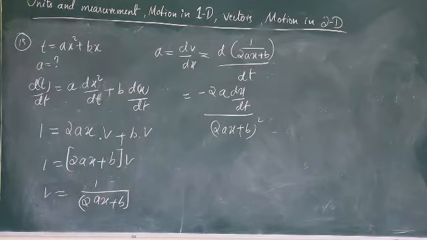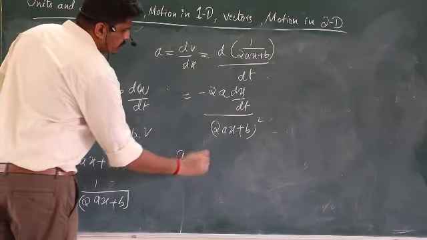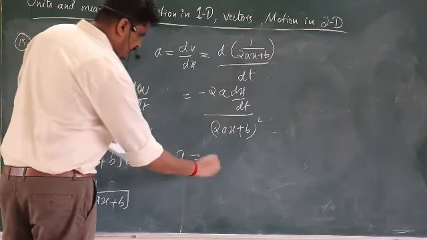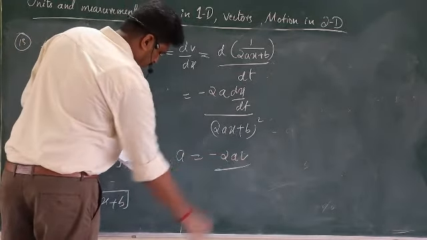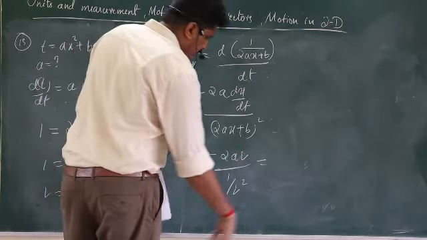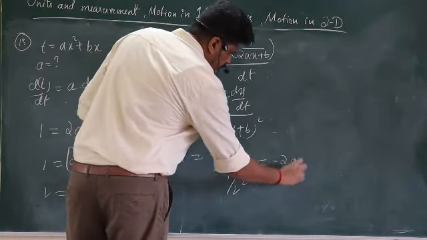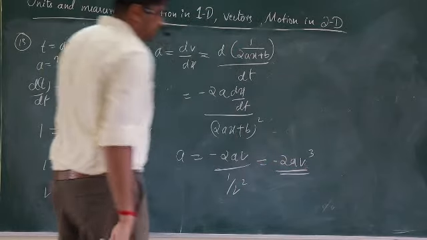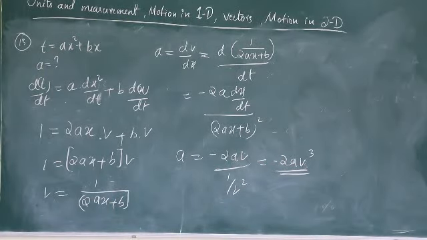Of course you know that 2ax plus b is equal to the velocity. So finally you can write acceleration a equal to 2a into v divided by 1 by v square, that is, v square can be taken to the numerator, giving 2a v cube. See, I have just used differentiation. The given data is insufficient for a direct approach, that is why I have used the basic differences.